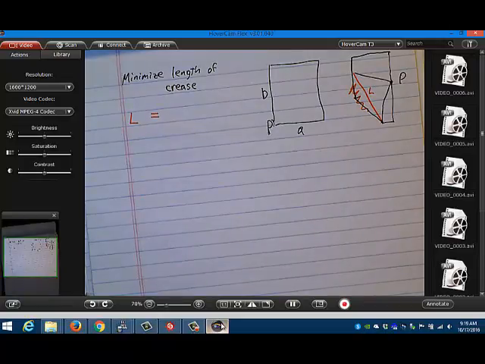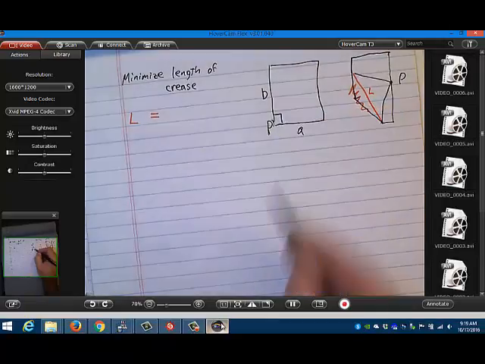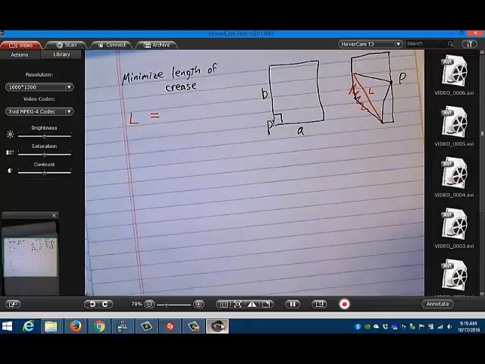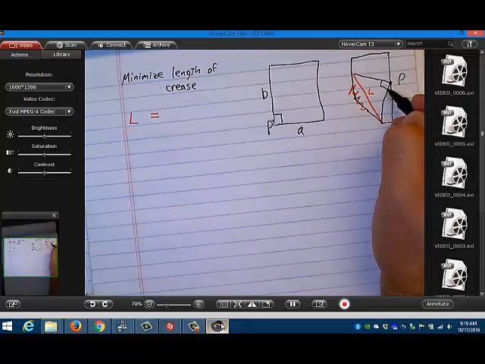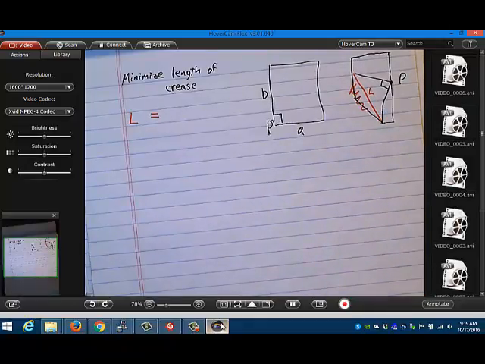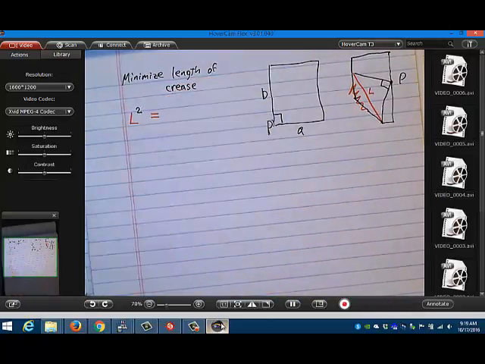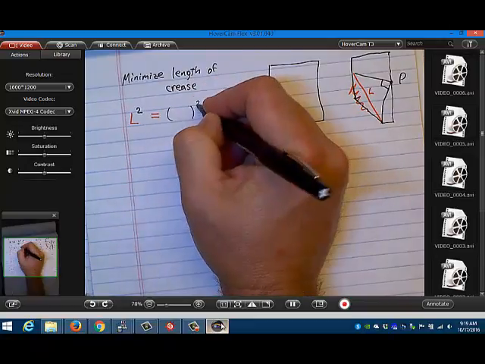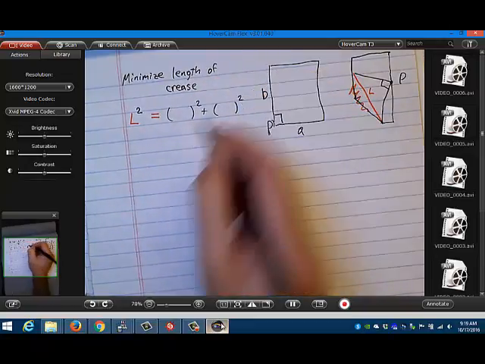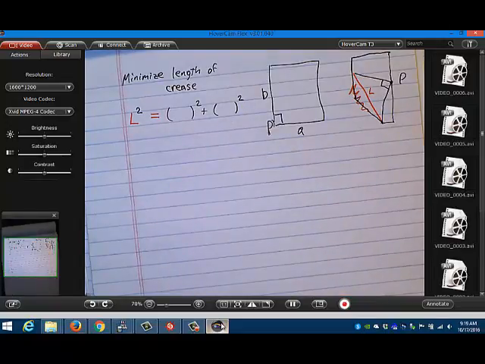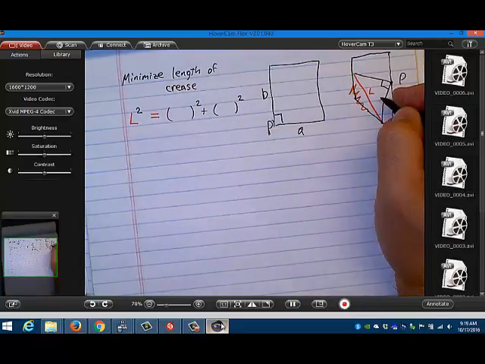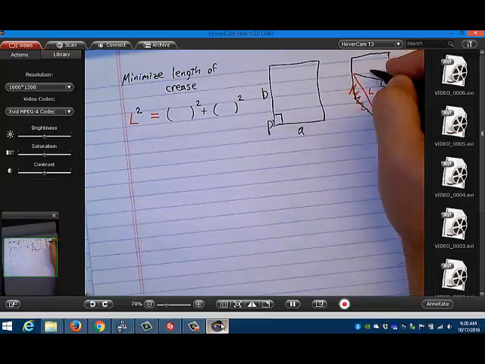Well, there's another interesting fact, which is this is a right angle, right? So if that's a right angle, that's a right angle. And so I can use the Pythagorean theorem. I can say L squared is equal to I don't know what squared plus I don't know what squared, right? Let's call those things x and y.